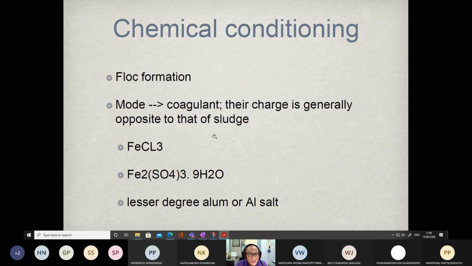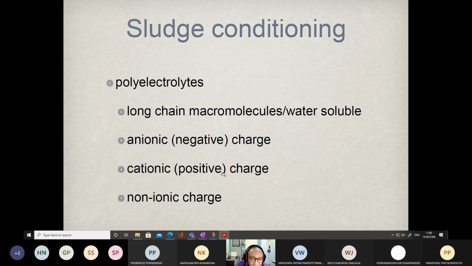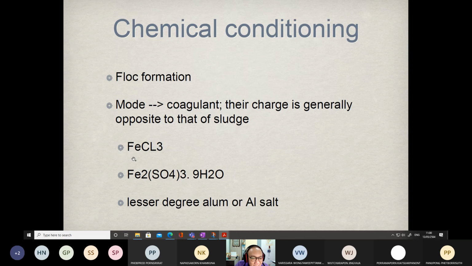The sludge is the same as colloidal particles, mostly having a negative charge surrounding them. That is why we have to apply a positive charge. But more preferably we use ferric chloride because it gives better efficiency as compared to alum. Alum may not be very suitable for sludge conditioning.